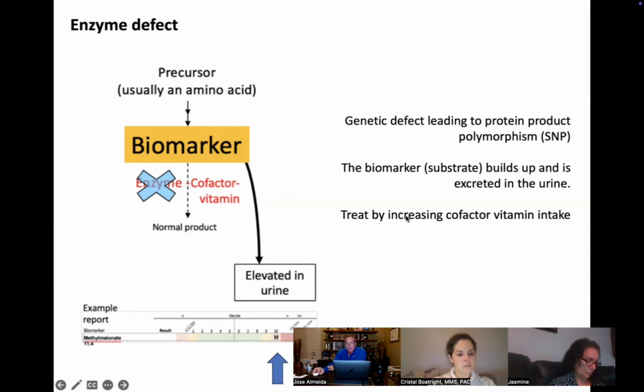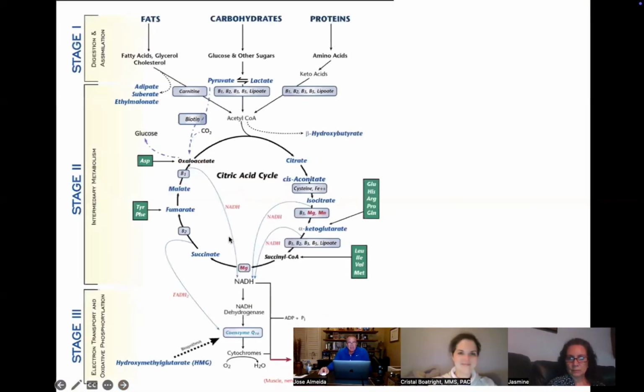Usually the difference is that if it's a SNP, a single nucleotide polymorphism, a genetic defect, it usually requires a lot of whatever the substrates are to convert it.